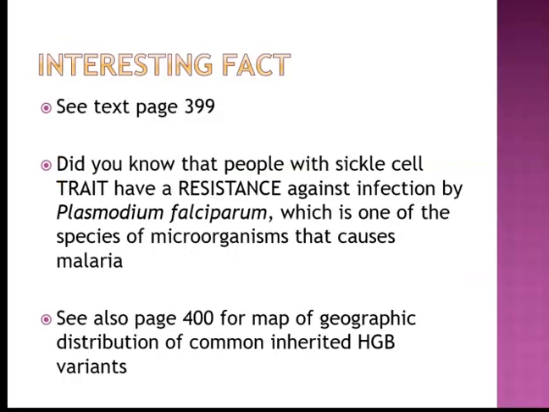One interesting fact about sickle cell is that people with the sickle cell trait usually have resistance against the parasite Plasmodium falciparum. And this is one of the species of microorganisms that cause malaria. And the reason for this resistance is that cell membranes of cells that sickle get stretched and are misshapen, so that cells end up losing their nutrients.